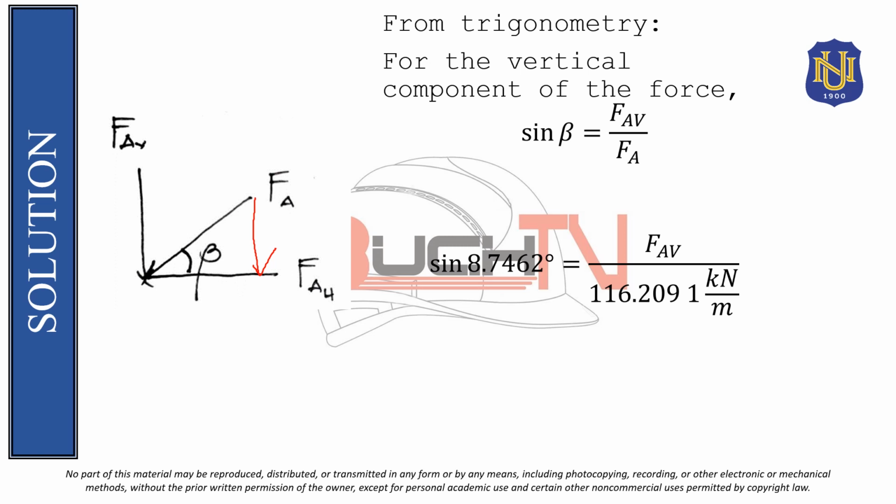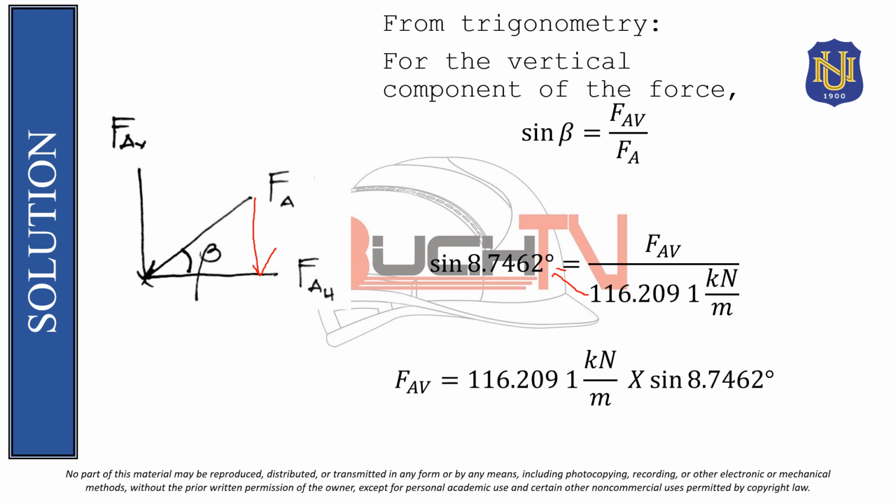Substituting beta, which is 18.7462, and the active force na nakuha natin kanina, which is 116.2091, we will have sine of 18.7462 degrees equivalent to FAV divided by 116.2091 kilonewton per meter. So, cross-multiplying, ito papupuntahin natin dito.